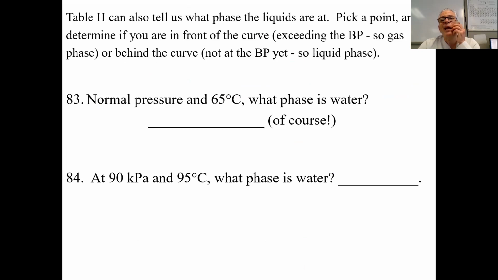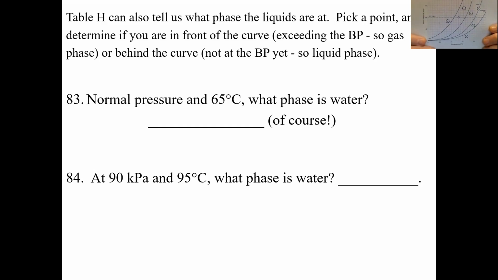Okay, Table H tells us, so pick a point, determine if you're in front of the curve or behind the curve. Let me turn the page here. So at normal pressure and 65 degrees, that's going to put me right at this spot right here. See that circle I put there?